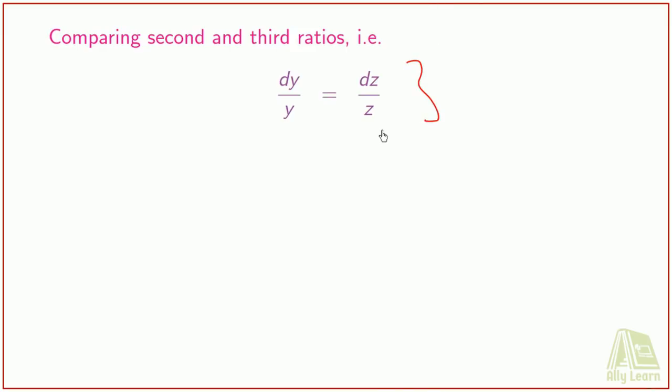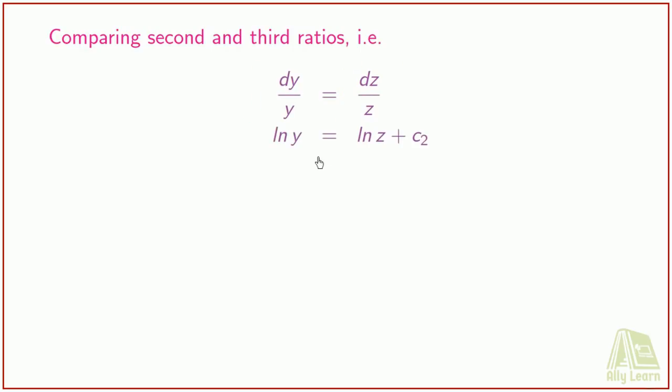Again, as in the previous case, these are very simple expressions. We don't need to calculate anymore in order to get a solution. We don't need to take z over here or y over there, because we can easily integrate both these sides and get our solutions.